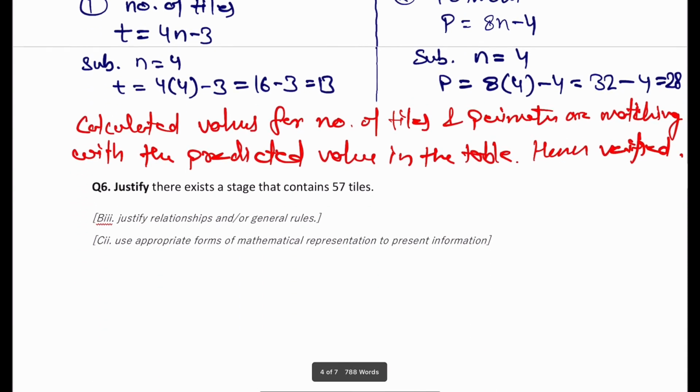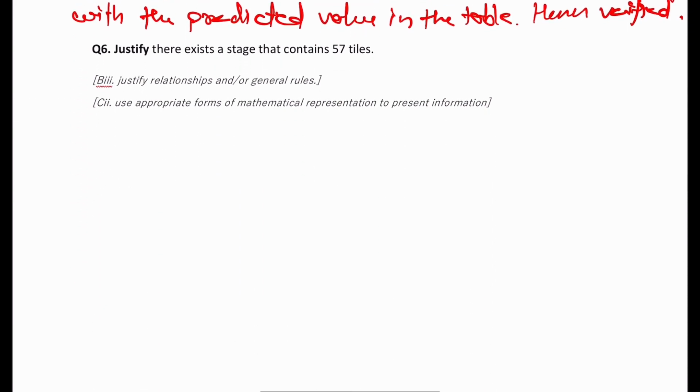Now the last part is we have to justify something. Justify there exists a stage number that contains 57 tiles. So this was also a quite simple question. The number of tiles is already given to you. Number of tiles equals 57. We have to identify for which stage this is valid, that it contains 57 tiles.